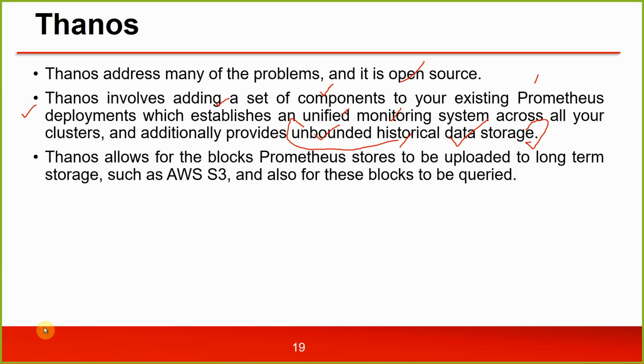If I have to define Thanos, I'll use the word adapter. Though you may not find this word in the documentation, it will not be wrong for my understanding. So Thanos allows the blocks of Prometheus to be uploaded to long-term storage such as AWS S3 and also for these blocks to be queried.